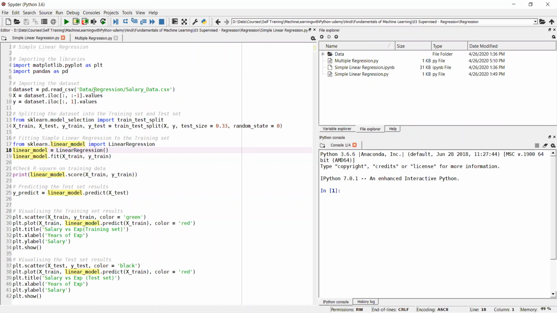What we are doing here, first of all, we'll see our data.